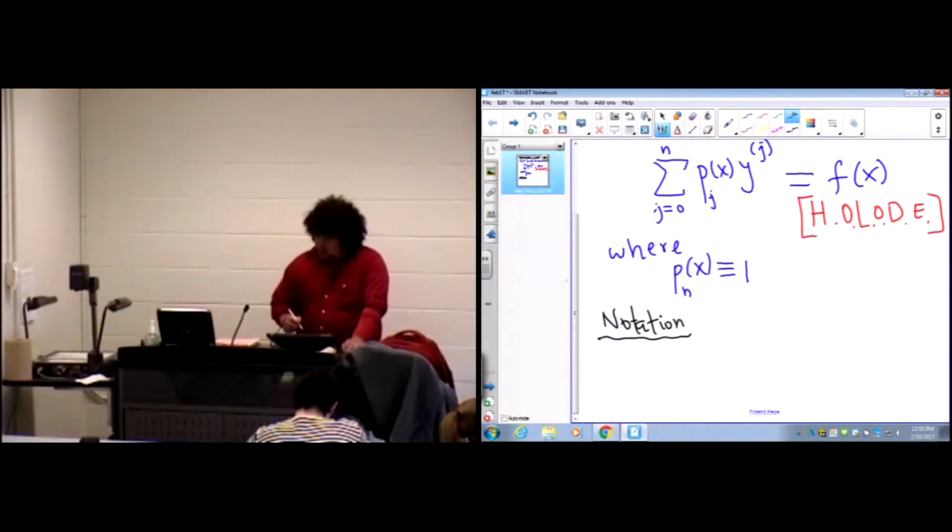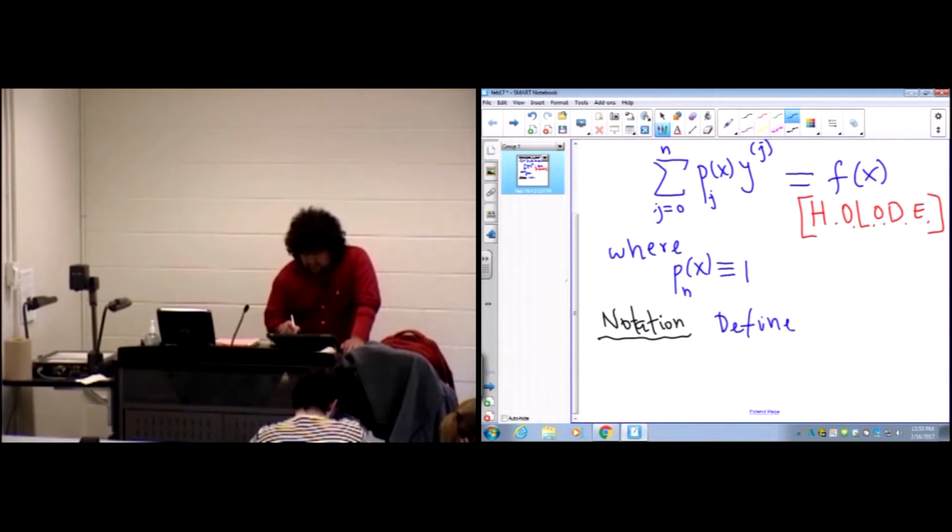L of y will be defined as that summation, the summation of p sub j of x times y to the j, okay? And here j running from 0 to n.